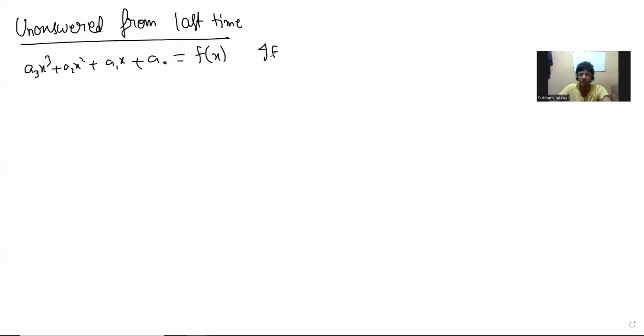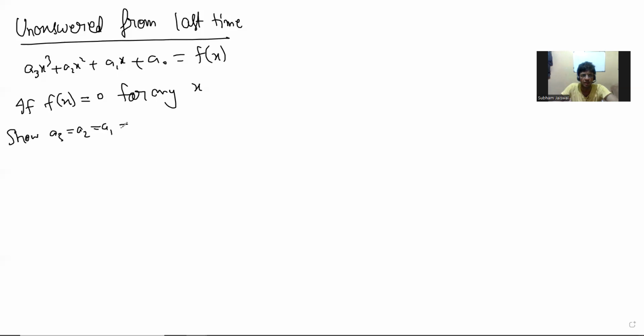Now if, so let's write it here, because that's the question we want to first do. If f(x) is equal to 0 for any x, which means it is 0 as a function. When you are viewing it as a function, then it is 0. Then show that a3 equals a2 equals a1 equals a0 equals 0.